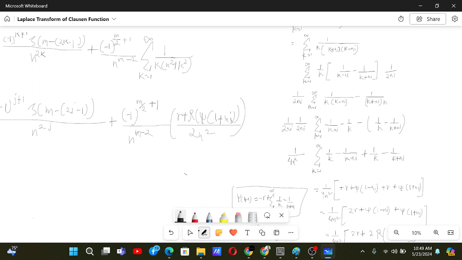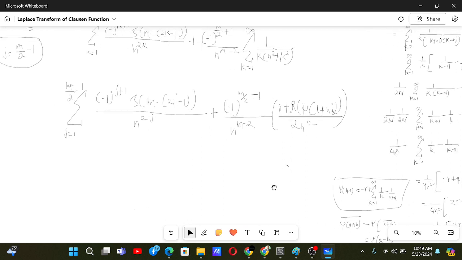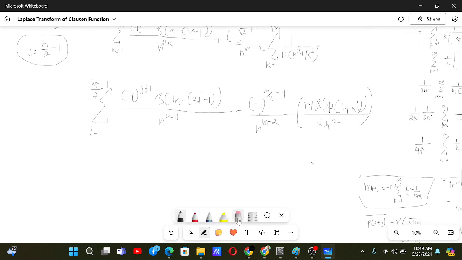Now this is our final answer. And in the final answer, you can see that we can make a slight modification. That is, use n squared to cancel the n to the power minus 2 and place the 2 over here. Write it as 2n to the power m.